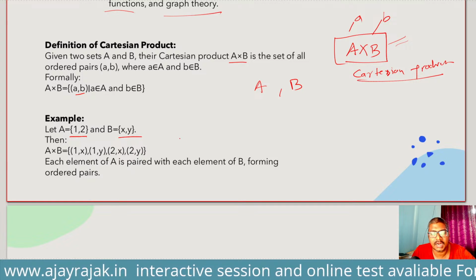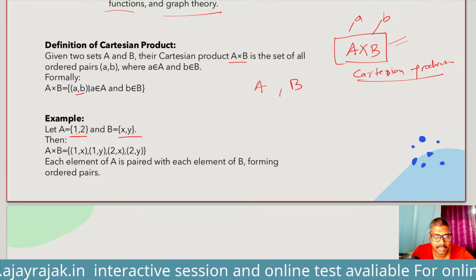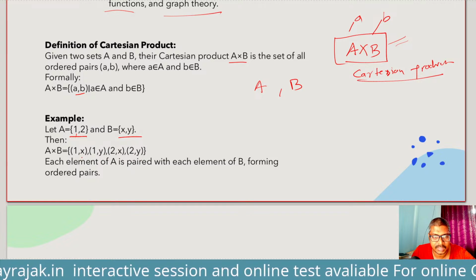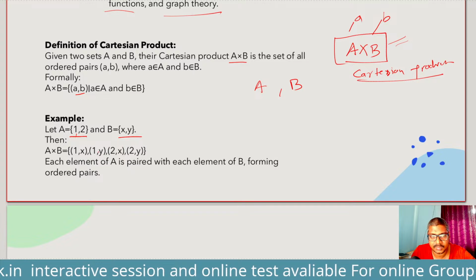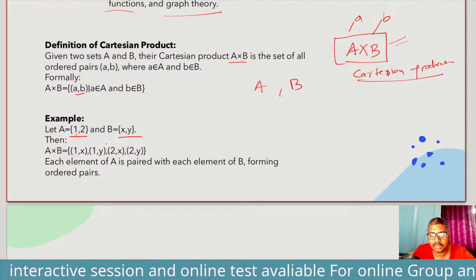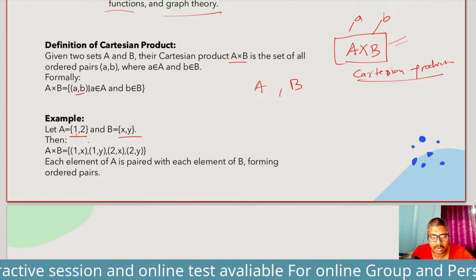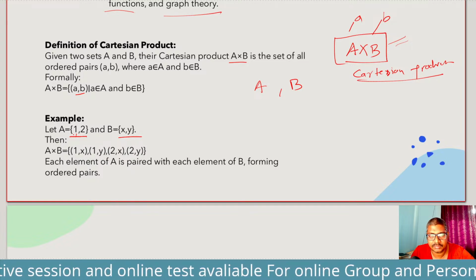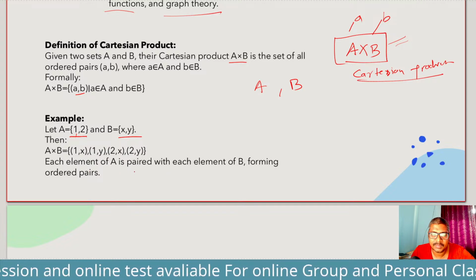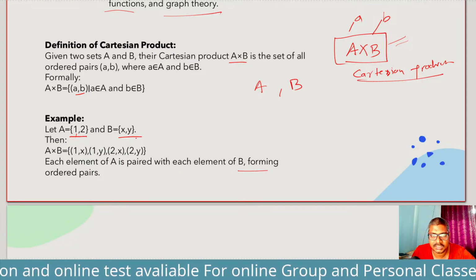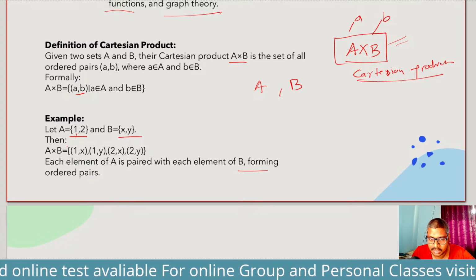When you do the Cartesian product A × B, the first element of A, 1, pairs with the first element of B, then 1 with the second element, then 2 with the first element, and so on. You take all the elements in ordered pairs, meaning the first element comes from A and the second from B. Each element of A is paired with each element of B. So this is all the possible relations.